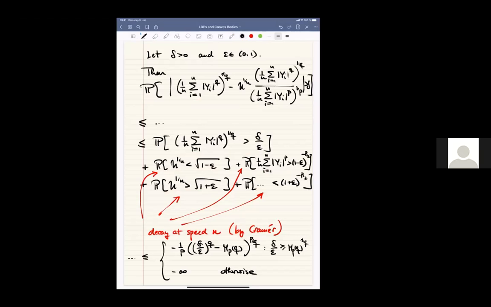And as you remember, you want to show that the whole thing tends to minus infinity. If epsilon tends to 0, epsilon was arbitrary, then you get the desired bound of minus infinity.